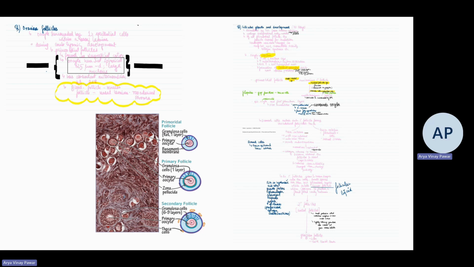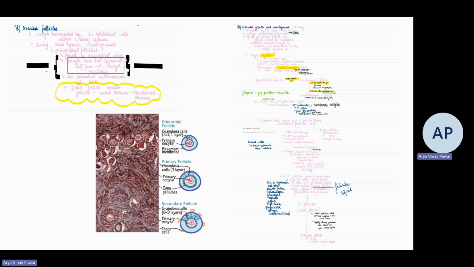Another thing we need to mention when discussing the ovarian follicles is the blood follicle barrier. By now we know about different kinds of barriers. For example, we have a blood air barrier in our lungs, a blood brain barrier in our brain, a blood testis barrier in the male genital system, and in the female genital system we have the blood follicle barrier.